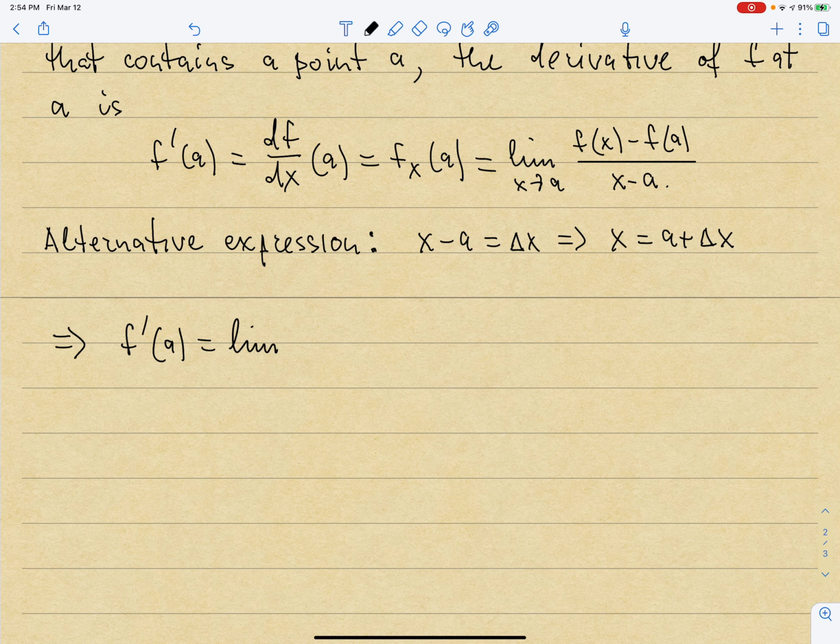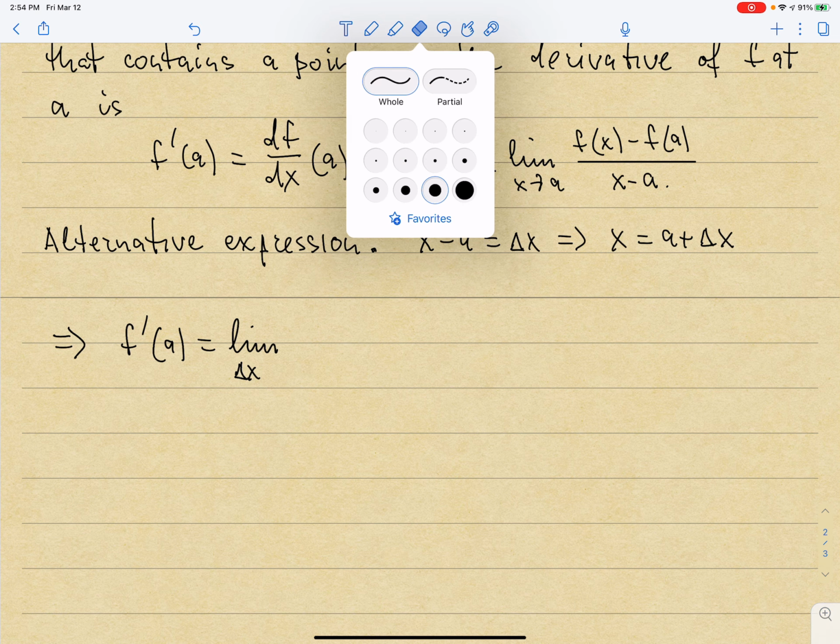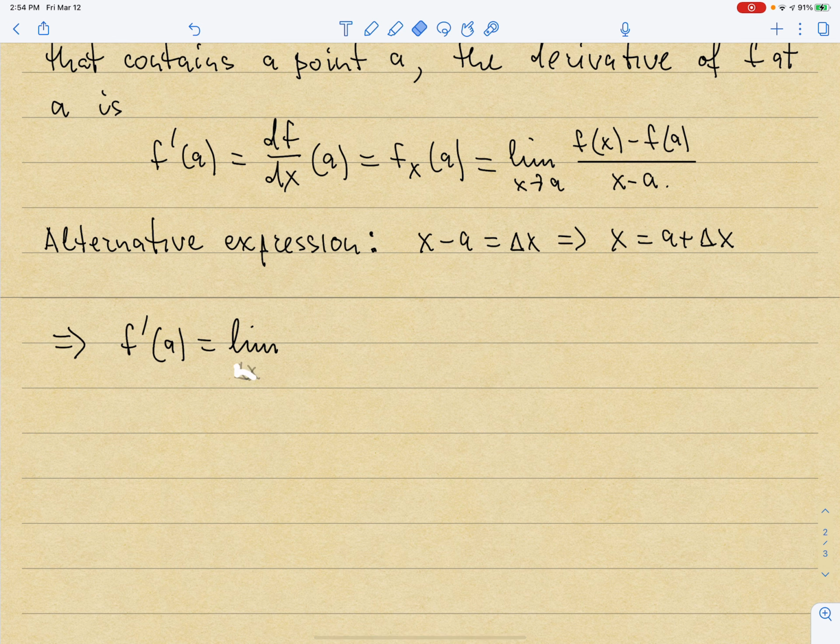So again, x goes to a, delta x goes to 0, and delta x approaches 0, and here f of x now becomes f of a plus delta x minus f of a divided by delta x. Right, so this would be an alternative definition.